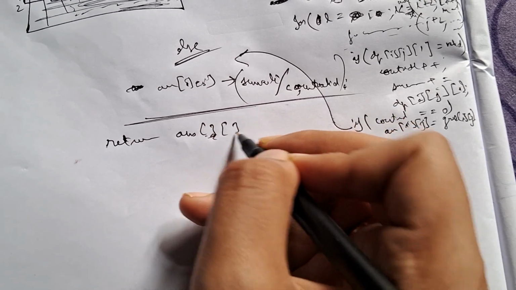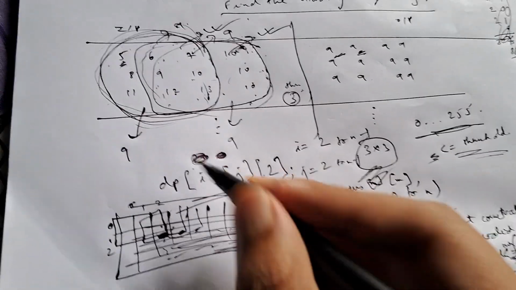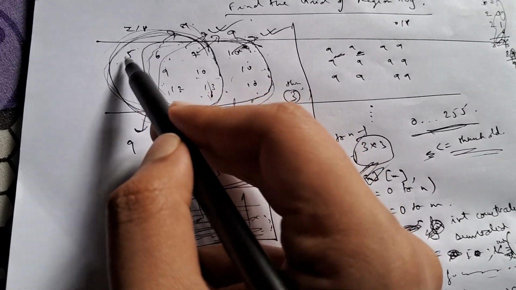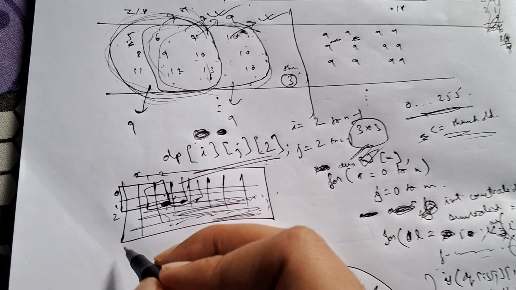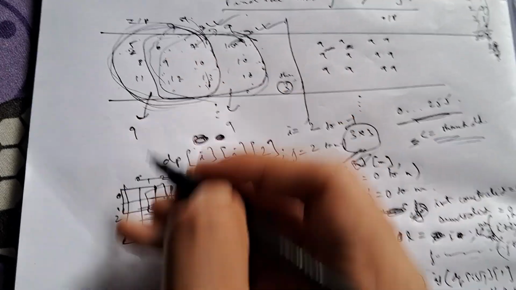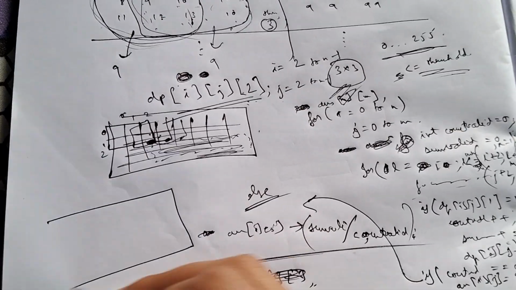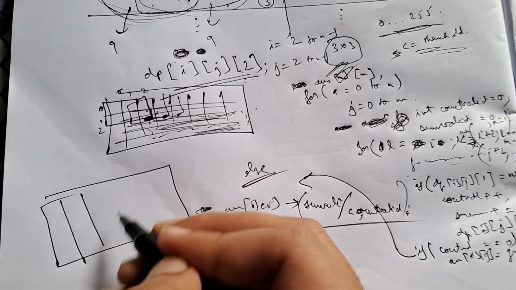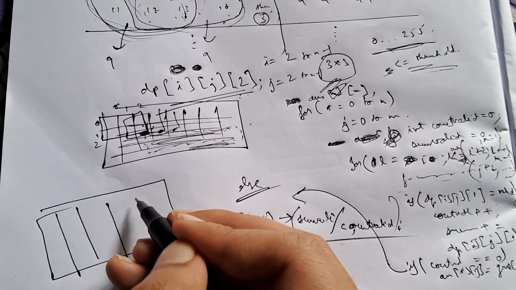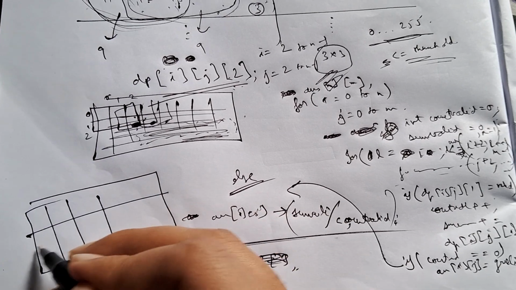array. Return answer. So let me do it over here. For the example, the dp is going to be 1 2 3 4 1 2 3, so it is going to be like this over here, 1 2 3, 1 2 3 4, 1 2 3.